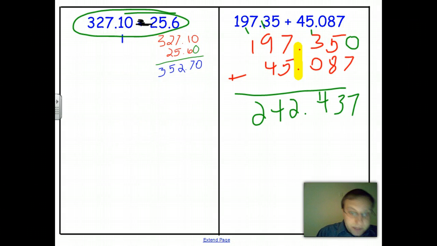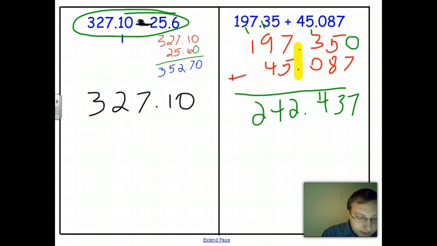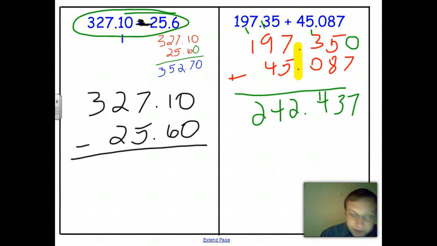Well, you should have lined up the place value columns exactly as you had before. 327 and 10/100ths minus 25 and 6/10ths. Now in this column, in this case, we do need to add the 0 again to make sure we have complete columns all the way out through the lowest decimal place. 0 minus 0 is 0.